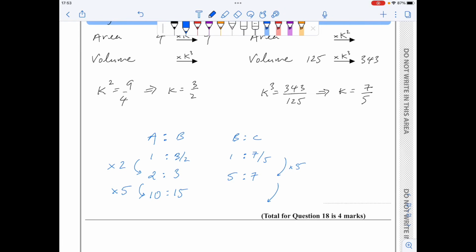Multiply the second one by 3, thus I'll get 15 to 21. So the ratio of the heights A to C will be 10 to 21.